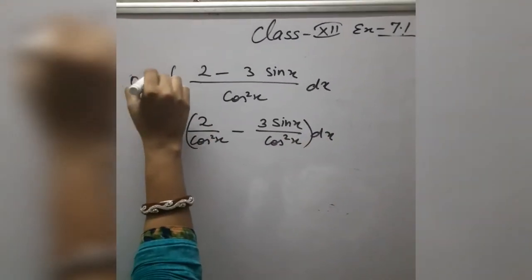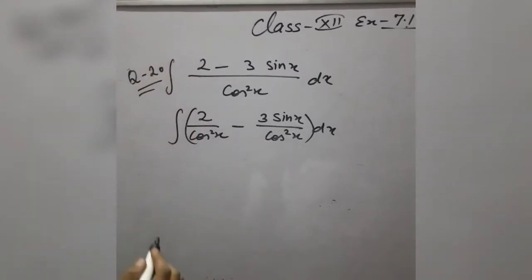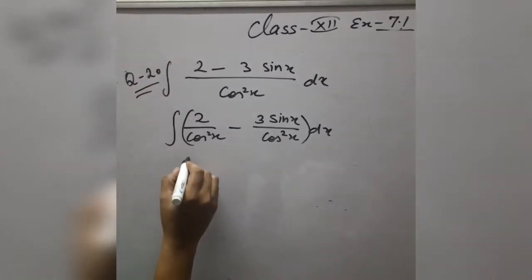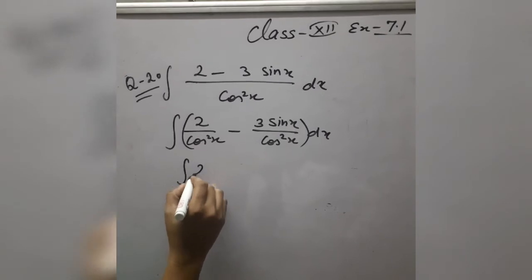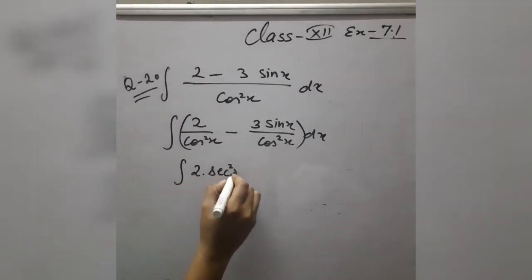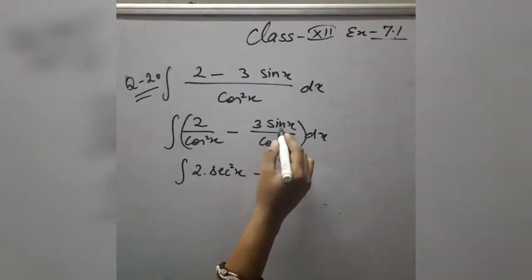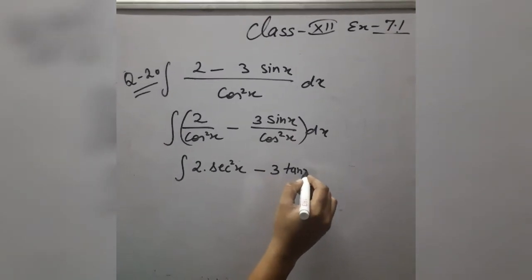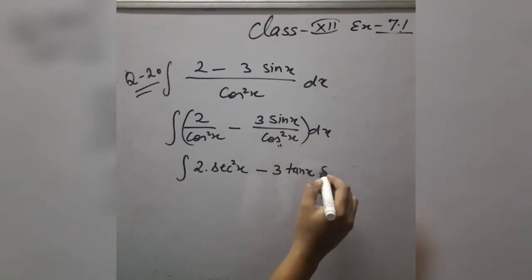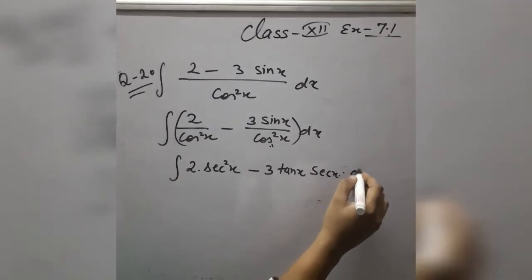Now what is reciprocal of cos? Secant. So here 1 by cos square can be written as 2 into secant square x. In this case sin by cos becomes tangent, and 1 by cos, reciprocal of cos, becomes secant.